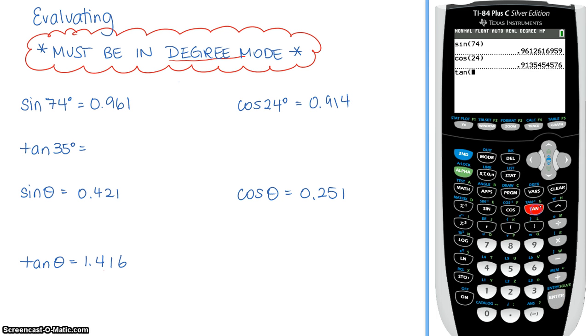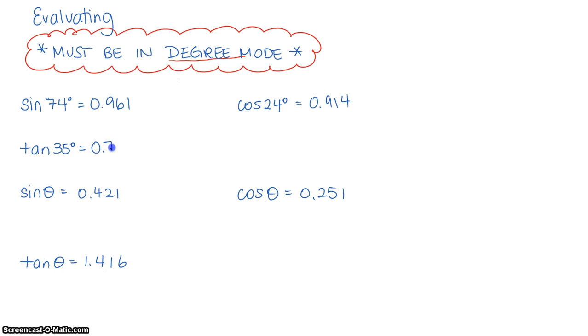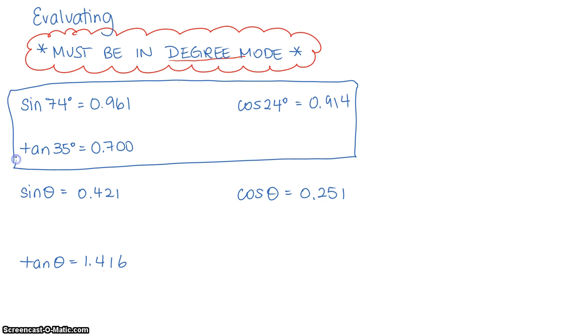And if we do tan of 35 degrees, you're going to get 0.700. Okay. So that's just using your calculator for a straightforward find the ratio in decimal form.